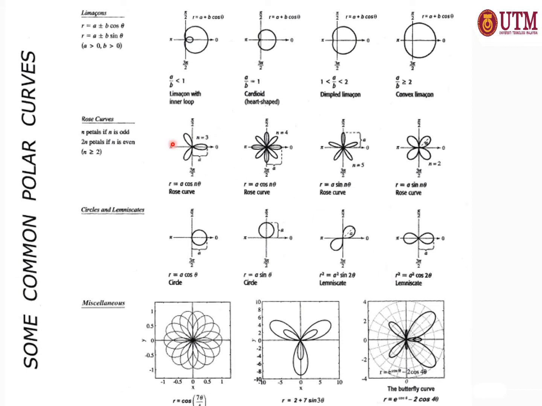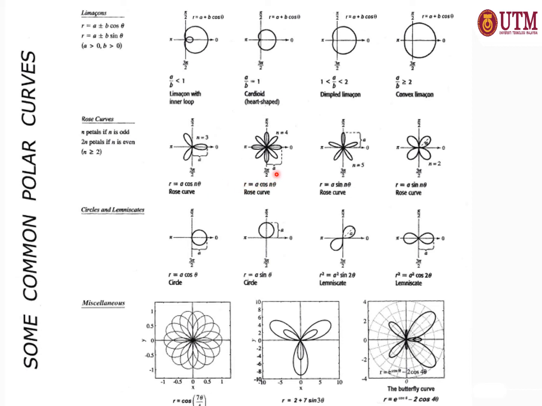So if you know the general equations and the shapes, it's easier for you, especially when you have to plot the graph. Sometimes when you try to connect the dots, you don't get to know what the shape of the equation actually is. So if you remember this, then for example, we have the equation r equals 2 cos 2 theta.